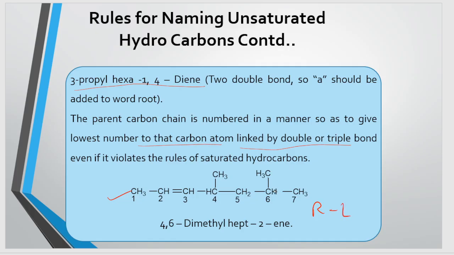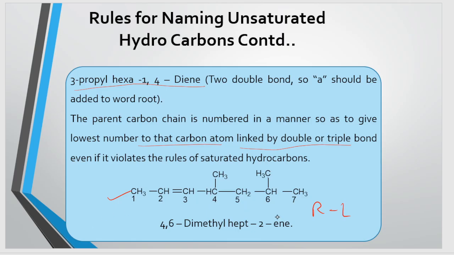Here, why they are giving this extra point means, in this case, if we consider the numbering from right to left, the lowest sum rule we would have followed. But though we are violating the lowest sum rule, as the priority is for double bond, we are giving the number from left to right.